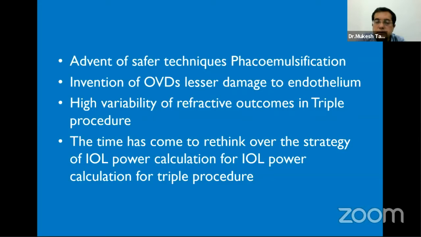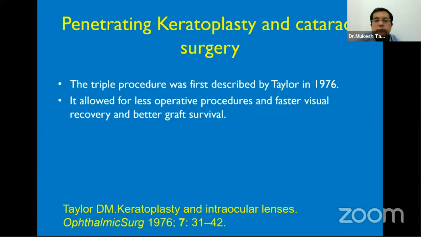However, now there's much better, safer techniques of phacoemulsification, and the viscoelastics are also much better, and there is hardly any damage to the endothelium if it's a normal average cataract. And the IOL power calculation would be much better if you do a sequential surgery.